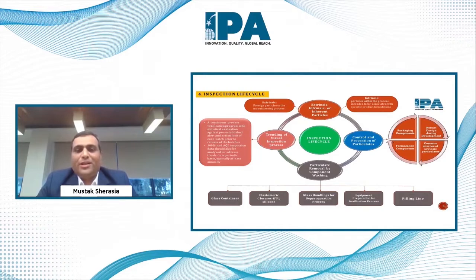The second important consideration, which we need to identify and control during the production process, is the extrinsic particulate, which normally enters during the manufacturing process, and that has to be controlled through different processes in the manufacturing lines. The basic topic of importance is that particulate removal is ensured with specific processes with respect to cleaning.